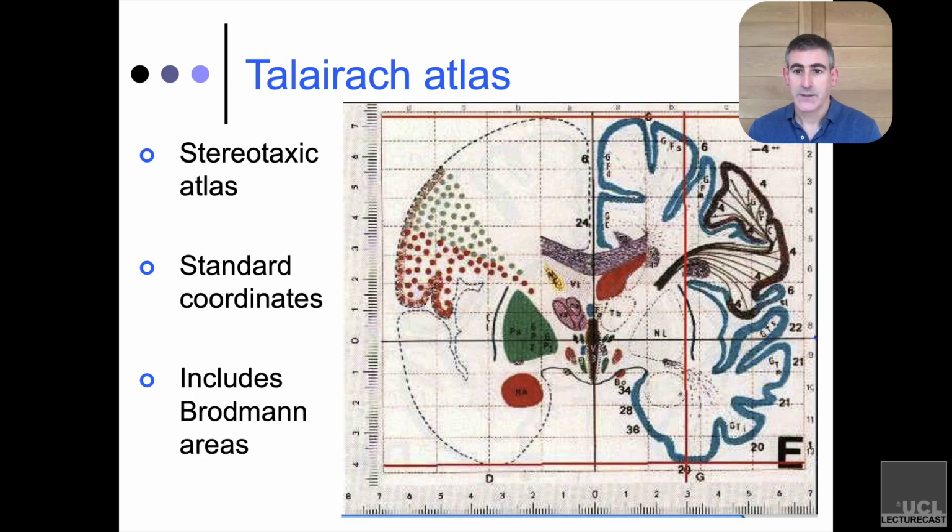So, you get X is 56, Y is -4, and Z is 10. And then you turn to the relevant coronal section in the Talairach atlas, and you can see here in the top right-hand corner, this is a Y of -4, and I know it's Y because it's coronal and front to back is the Y plane.